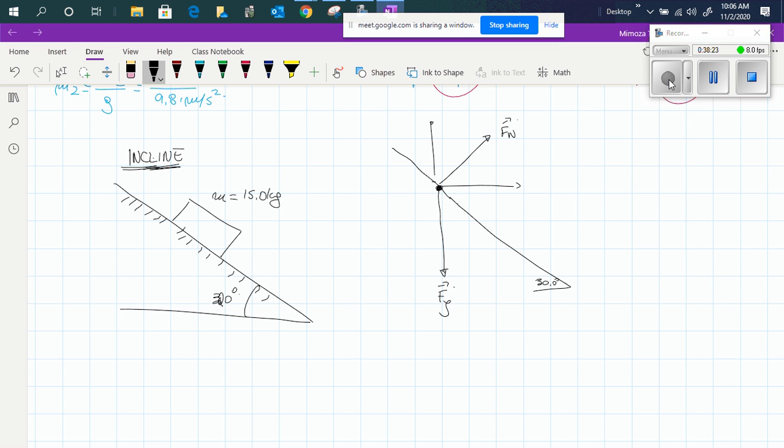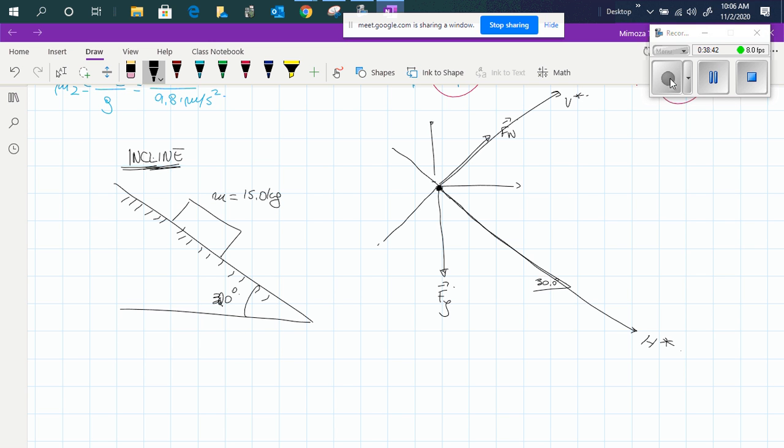However, if we rotate the axes so the horizontal is in the direction of the motion, and the vertical is perpendicular to the surface, then the work is way easier.